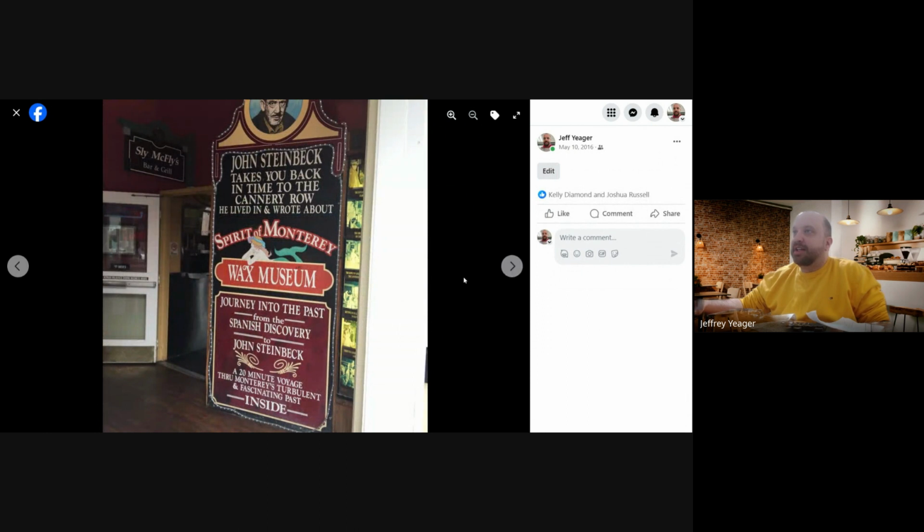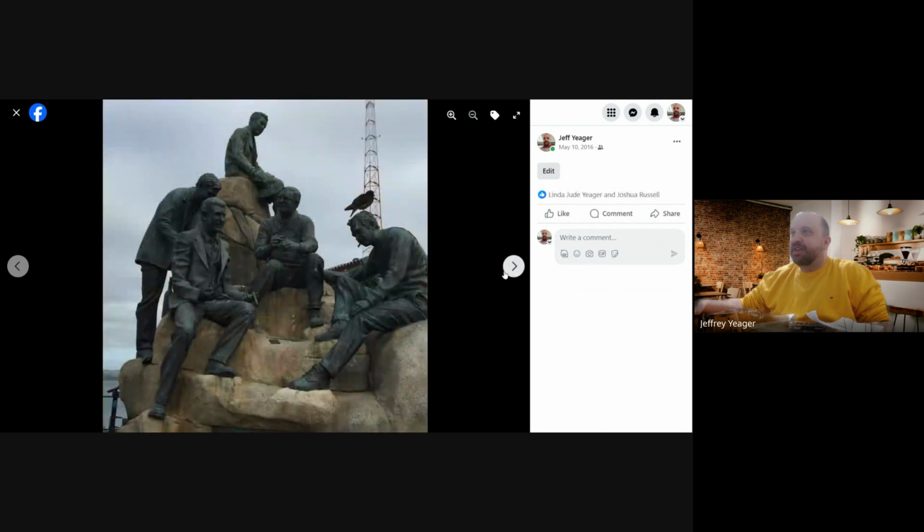Here was a Cannery Row wax museum, which was interesting. Here's a picture of the statue of Steinbeck and all of his friends. A lot of these friends, like Ricketts, is here. There were several other ones. George Albee was another one of the friends in this group.